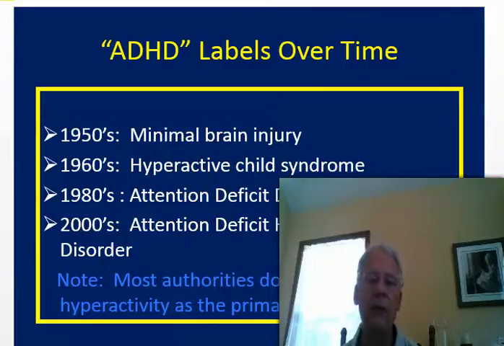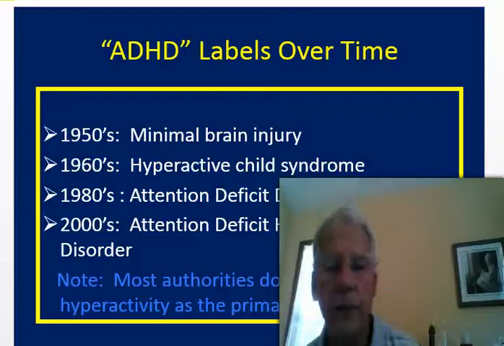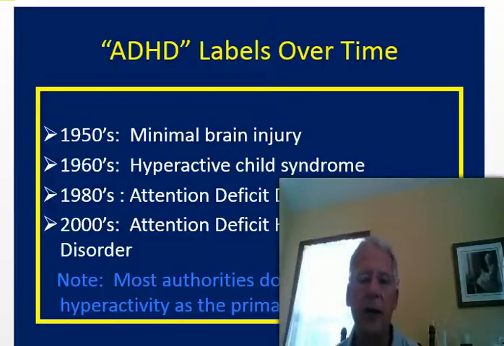So you can see the change over time of the ADHD label. In the 1950s, someone who had the behaviors associated with ADHD would be called minimal brain injury. In other words, they thought that there was something physically wrong with the brain.